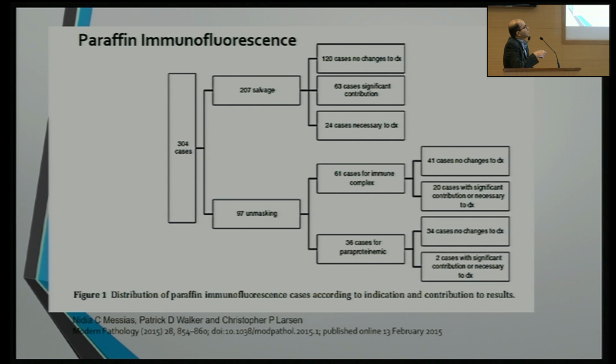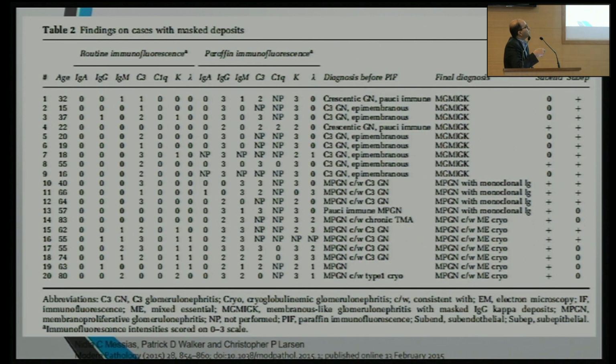When we looked at the cases where it was done for immune complexes, in almost 2/3 of the cases, the diagnosis remained the same. There was no change, but in 20 cases, there was a significant change in the diagnosis. Predominantly these were either C3GN or autoimmune GN on routine immunofluorescence.